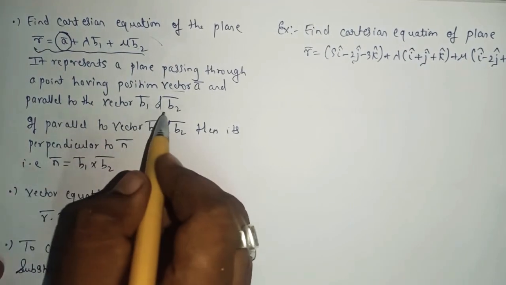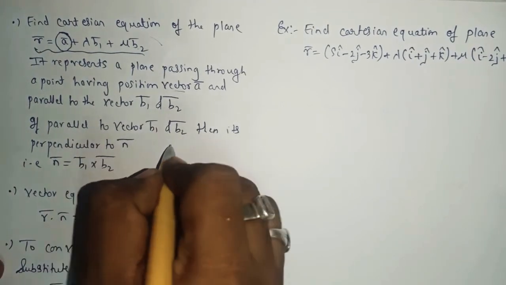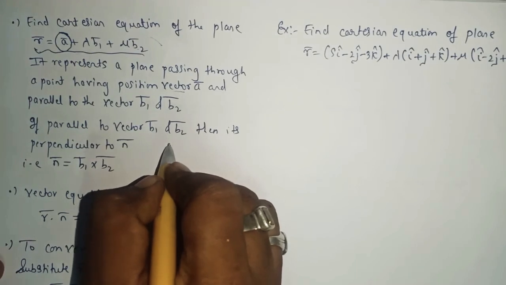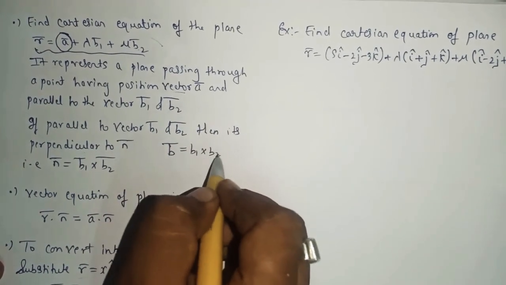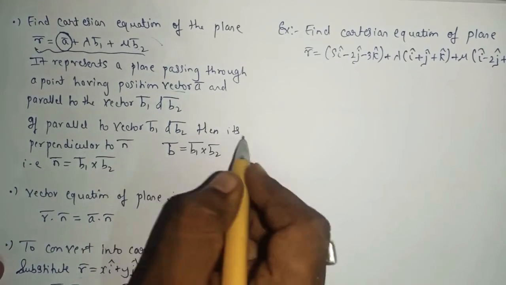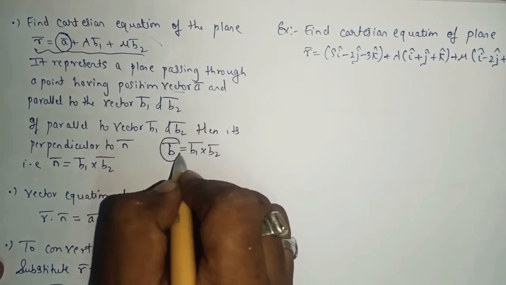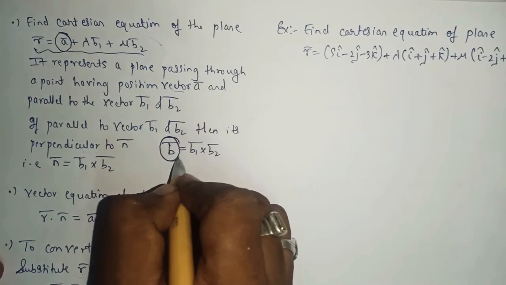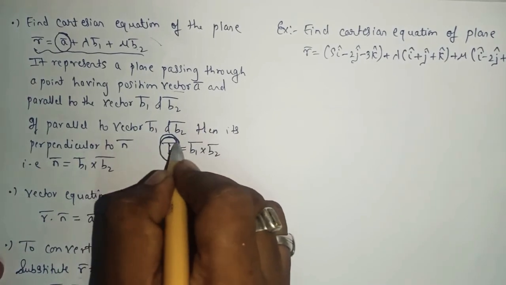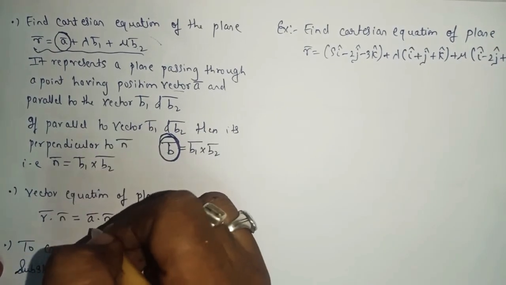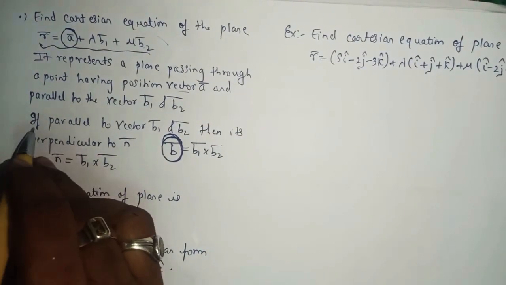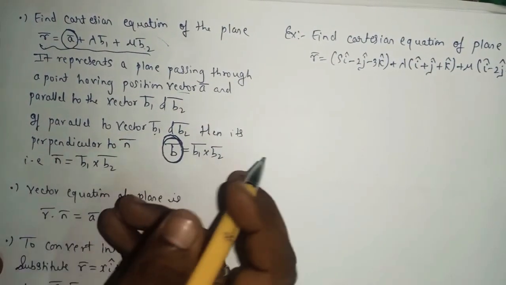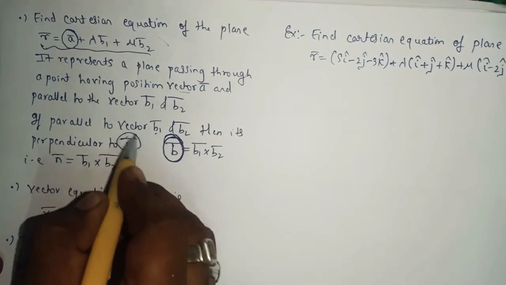If it is parallel to b1 and b2, then in the line we used to write b bar equals b1 cross b2. But in this exercise we'll use this concept: if the plane is parallel to the vectors b1 and b2, then n bar is perpendicular to both.